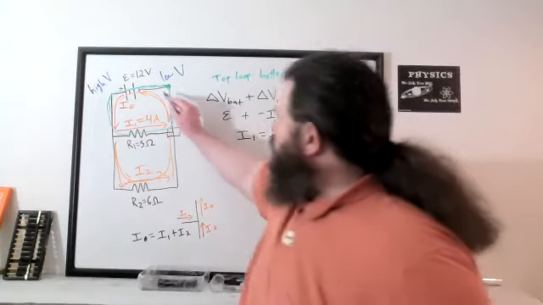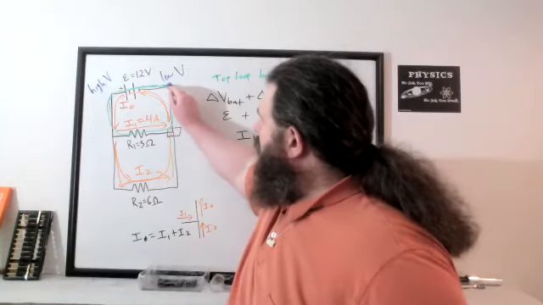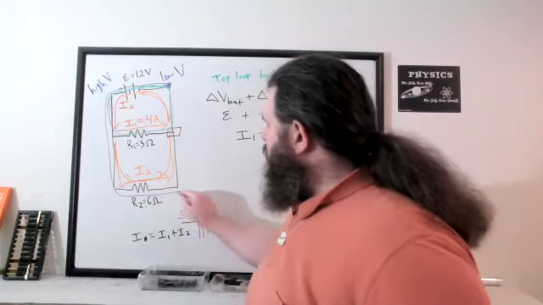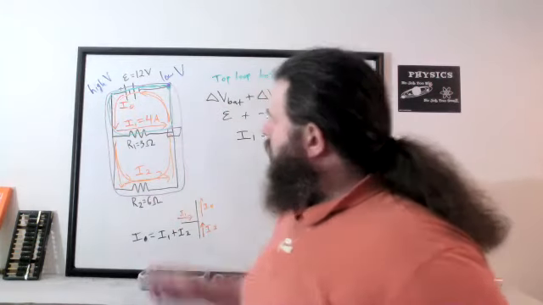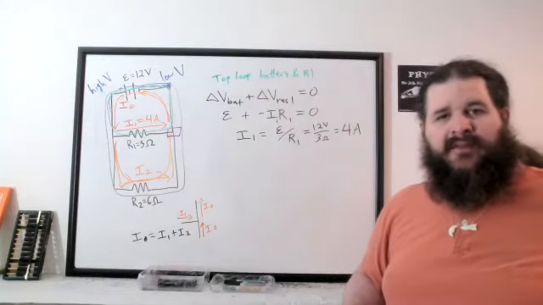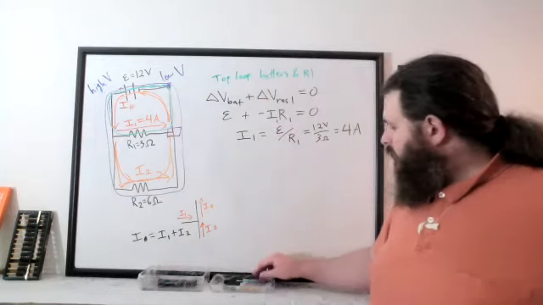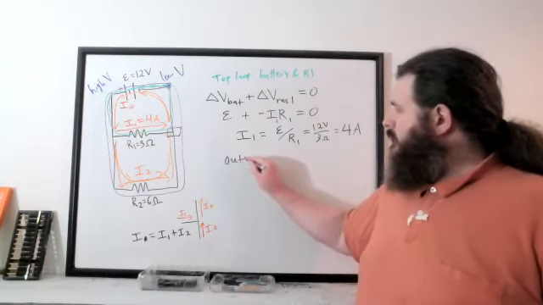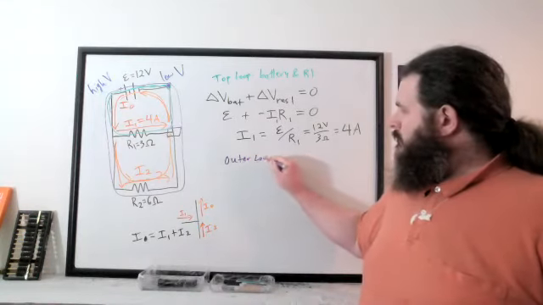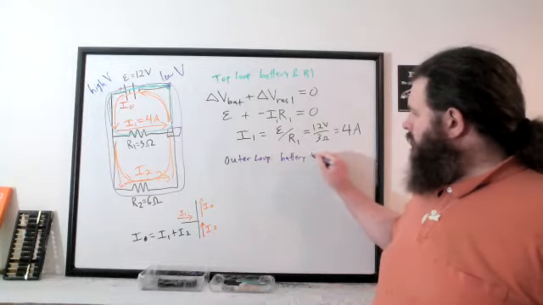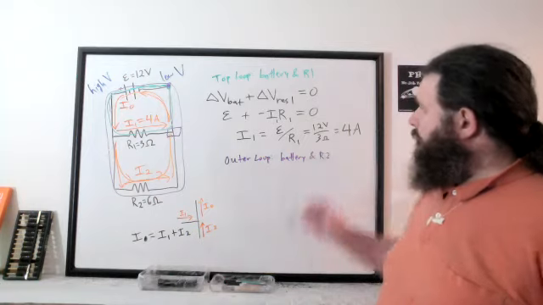Yeah, if we draw a loop, let's say starting at this same corner, but a loop passing through the battery and resistor 2, that's still a valid loop. It's still a path that starts and ends at the same point as itself. So if we draw out that loop, let's say this is the outer loop, using the battery and resistor 2.